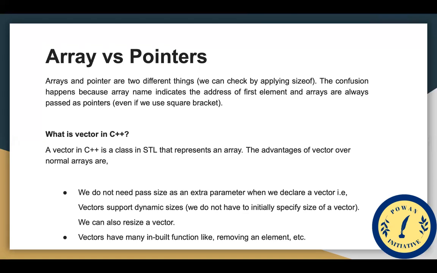So the name of an array is actually the address of its first element. This was quite confusing as a pointer also holds an address, but arrays and pointers are two different things. We will be emphasizing this topic a lot more in the upcoming time.